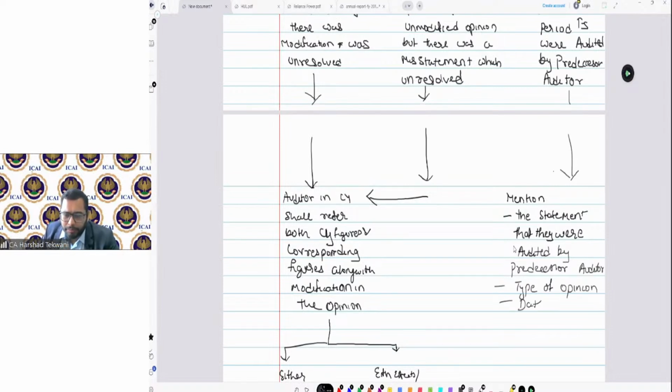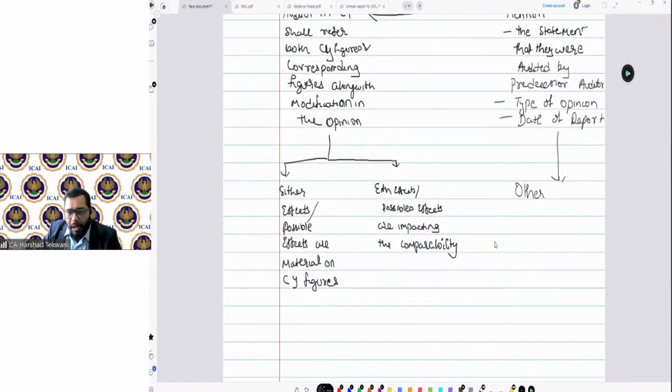Number three, the date of the report. And that too in the other matter paragraph as per SA 706. Clear? Any doubt?